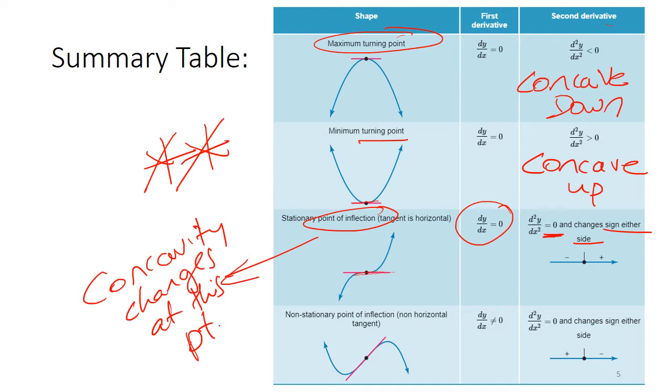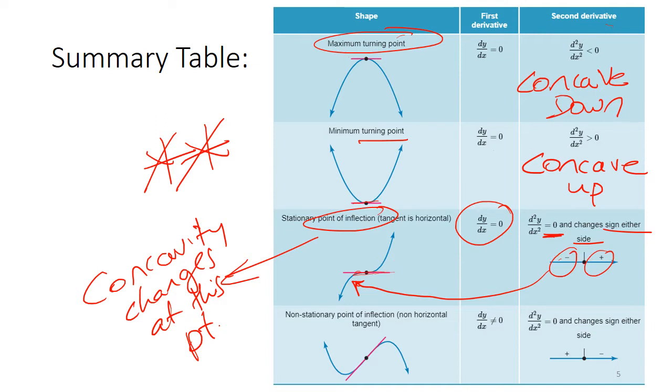Before this it is concaving down, so we should have a negative second derivative. This bit represents the bit before the point. And this bit represents the bit after the point. Yes, we will get a positive second derivative, and this bit obviously would be the point of inflection.